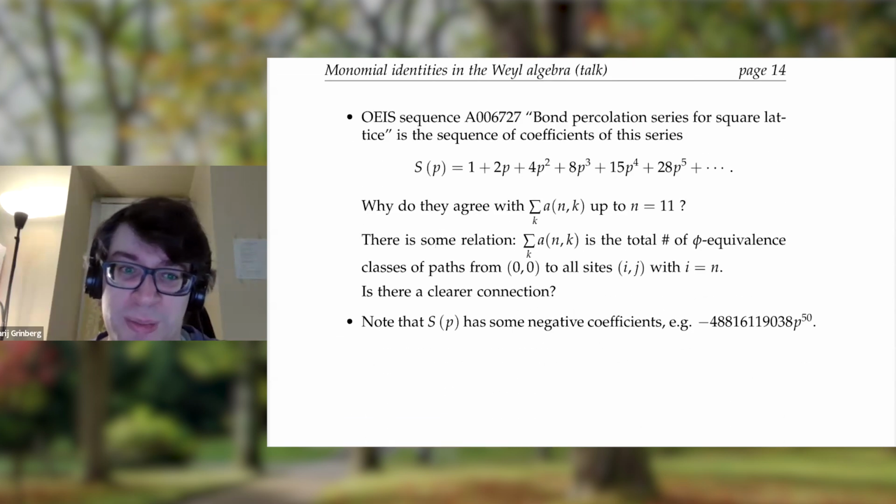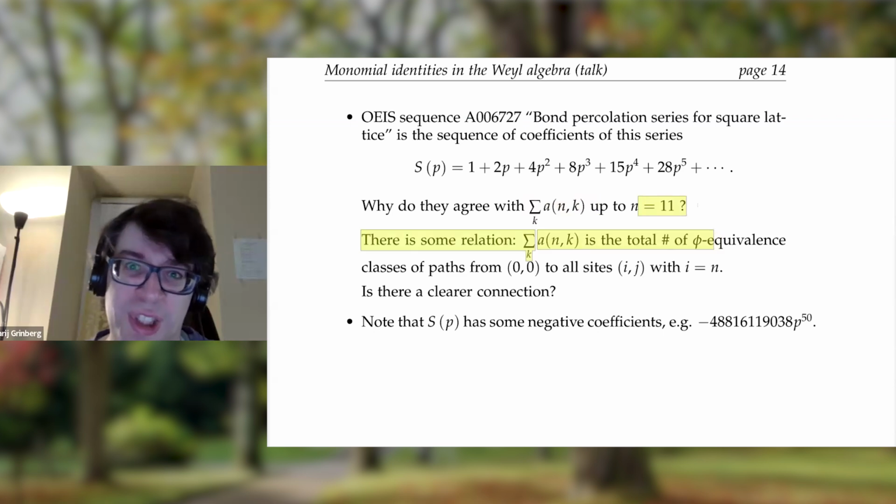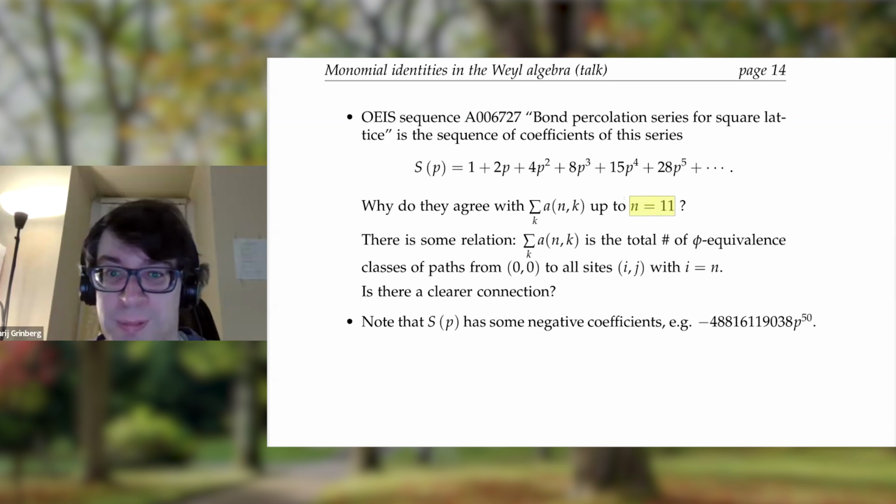There seems to be more to it. So this is a bit of an open-ended question. What exactly makes those coefficients equal up to n equals 11? Because coincidence up to 11 is not really a coincidence, apparently. At least it's weird.